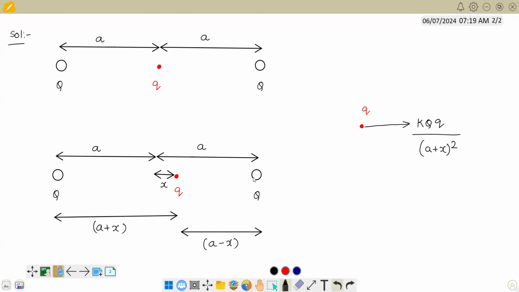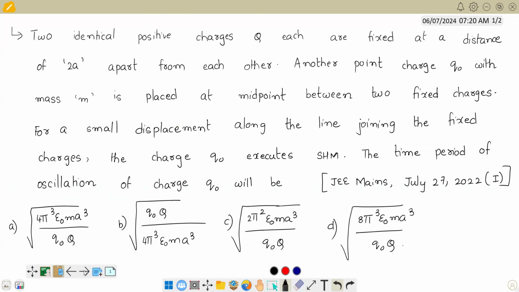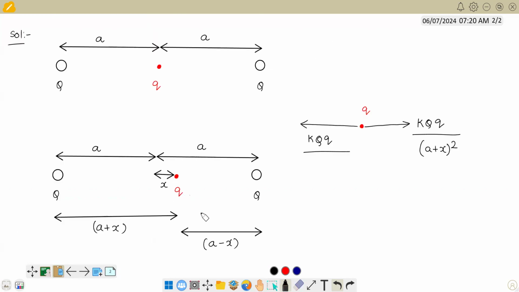Let us draw what is the force due to this capital Q on this small q. It would be k Q Q naught divided by a minus x whole squared.